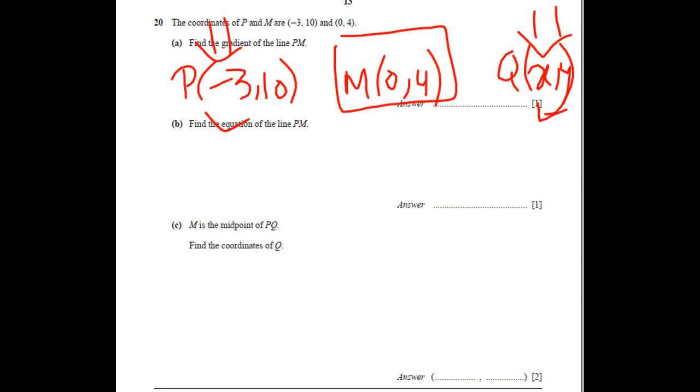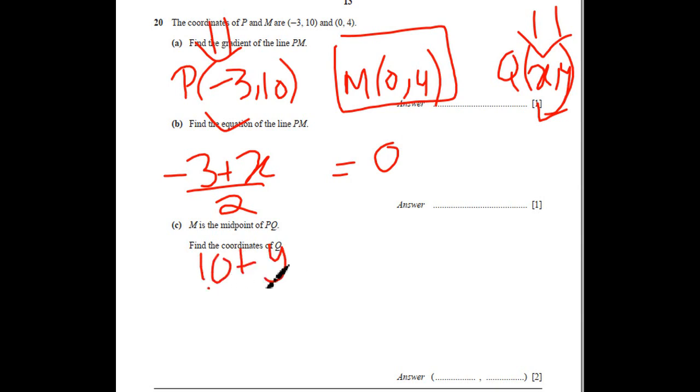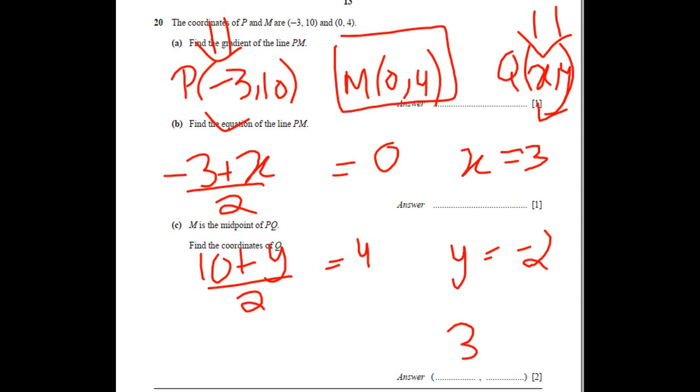We add the x coordinates, minus 3 plus x divided by 2, and we know its answer, the answer is 0. And for y we'll do the same, 10 plus y over 2, and the answer is 4. Solve these two, we will get x equals 3 and y equals 8 minus 10, which is minus 2. So the answer is 3, minus 2.